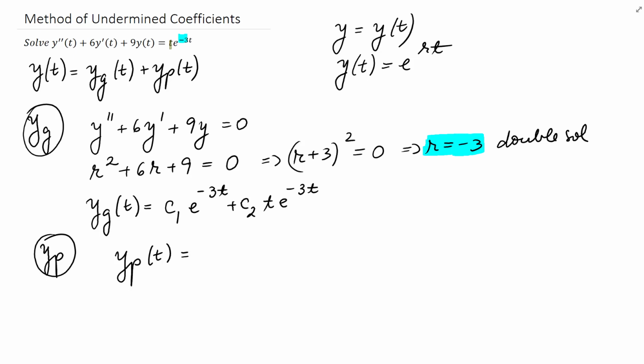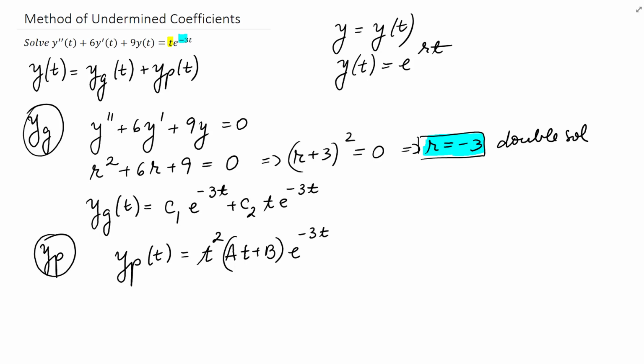So now, because we have the term t, which is linear, we expect to get a term of the form at plus b. The exponential one is e to negative 3t, so we copy that. But also, because r was a double solution, we are going to add a factor of t squared in the shape of the particular solution.